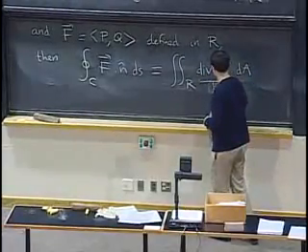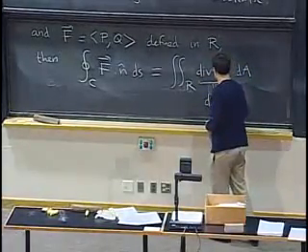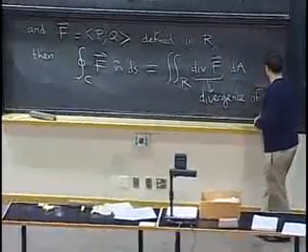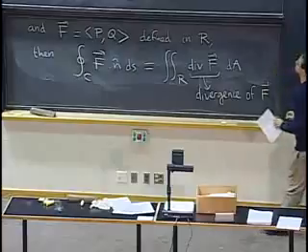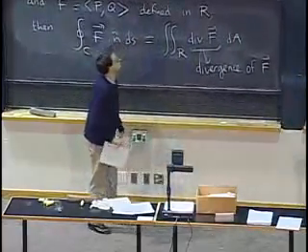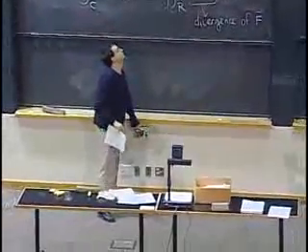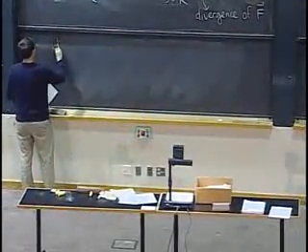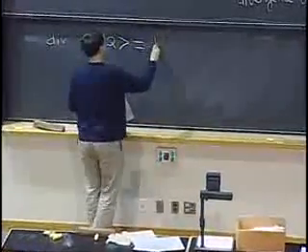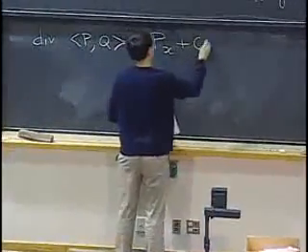Okay, so this is the divergence of f. And I have to define for you what this guy is. So the divergence of a vector field with components P and Q is just P sub x plus Q sub y.